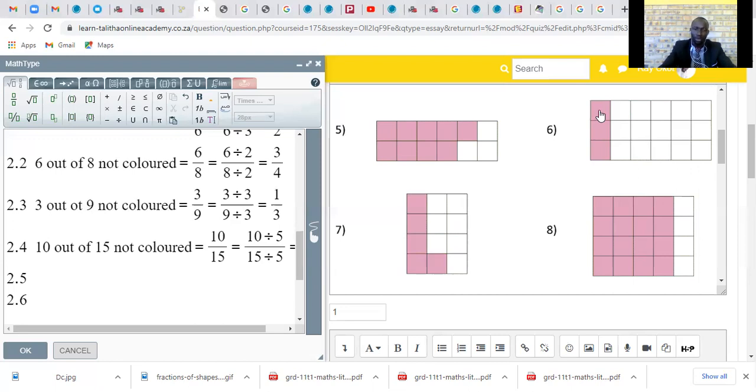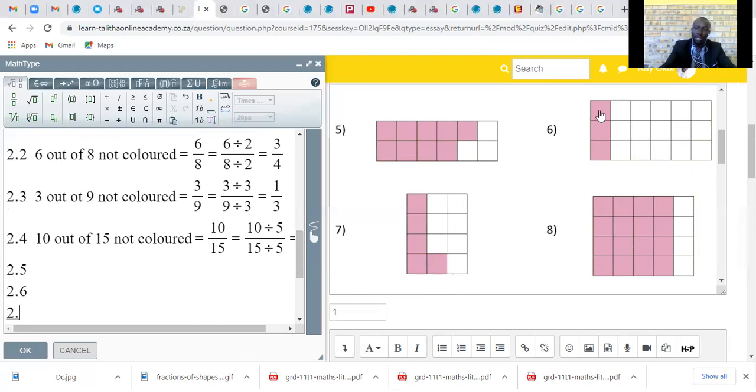You would do the same when you reach 2.7. That is, you count the number of squares that are not colored. 1, 2, 3, 4, 5, 6, 7. So 7 squares are not colored. But 7 out of what? Sorry, 7 out of 8, 9, 10, 11, 12.